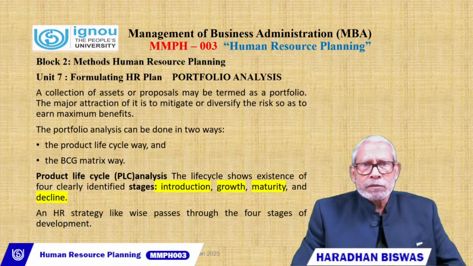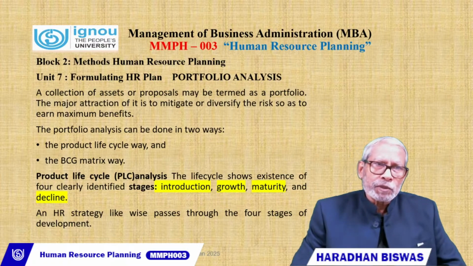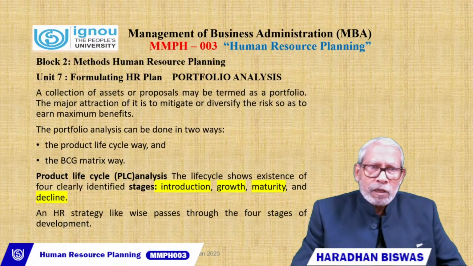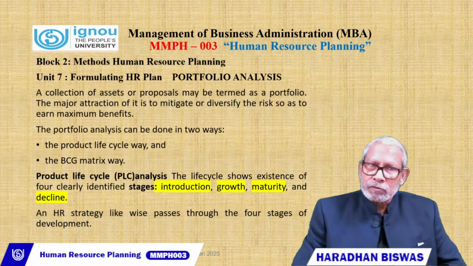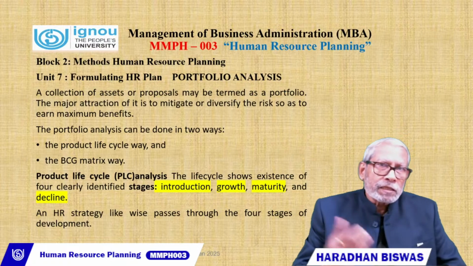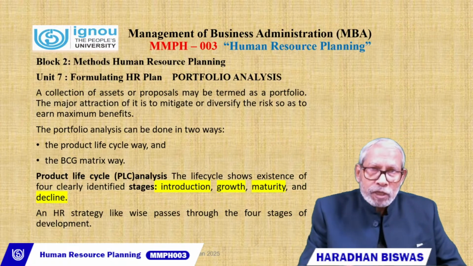And there are two ways basically: the product life cycle way and the BCG matrix way. Product life cycle, as we know, has some cycle: introduction, then growth, maturity, and finally decline.